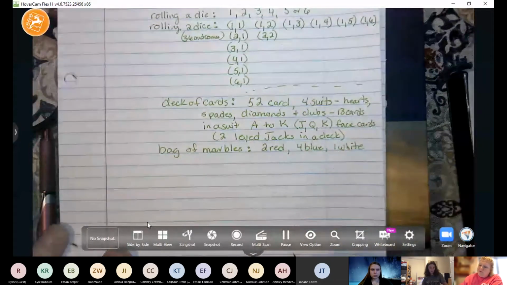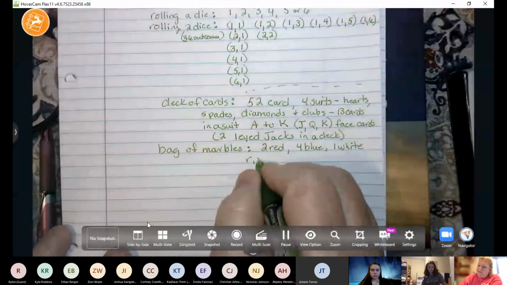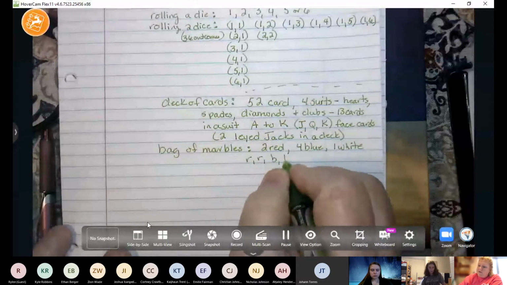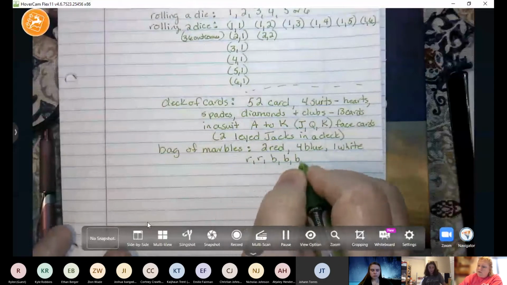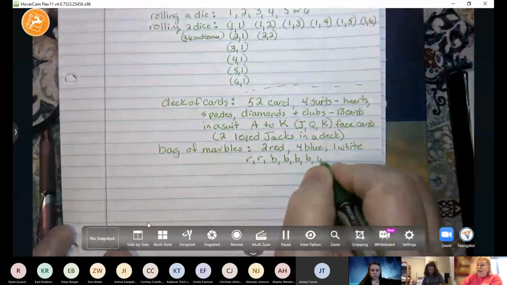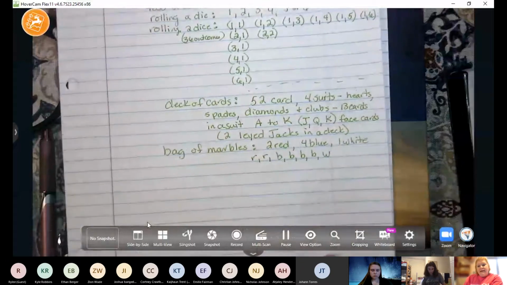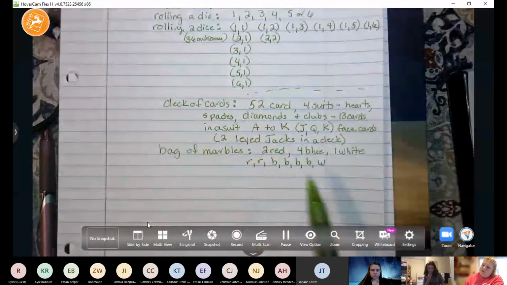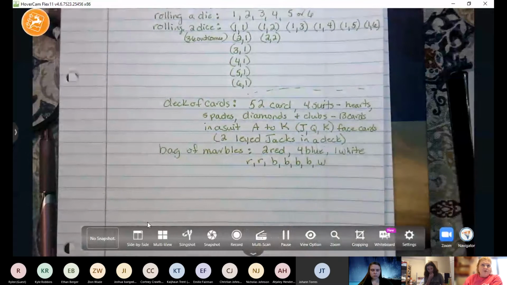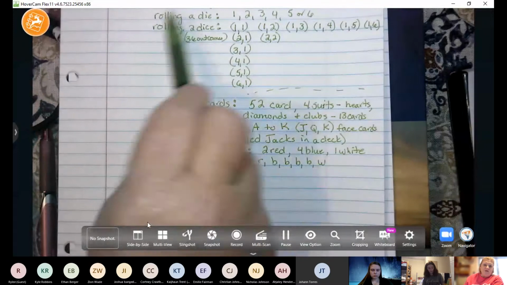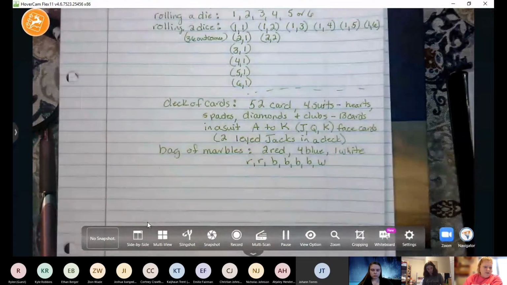And so your sample space would be red, red, blue, blue, blue, blue, and white. Again, you want to be able to determine your sample space depending on the situation you're dealing with.